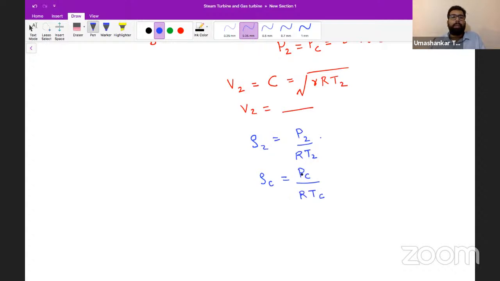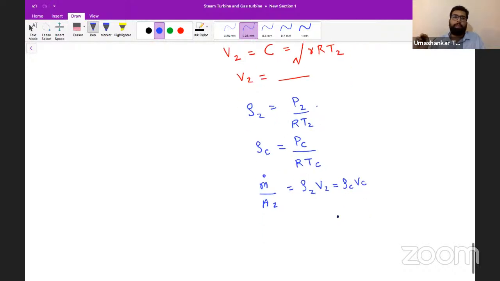You can place the value of critical pressure and critical temperature here and have your density, and from that you can have your mass flow rate, ρ2 V2, or in this case equal to ρC VC. So from this question, is it clear?